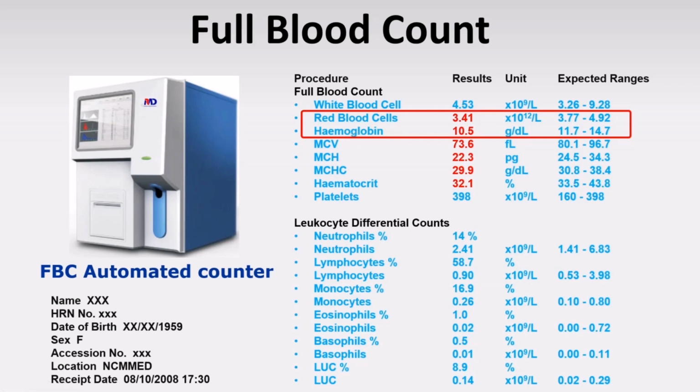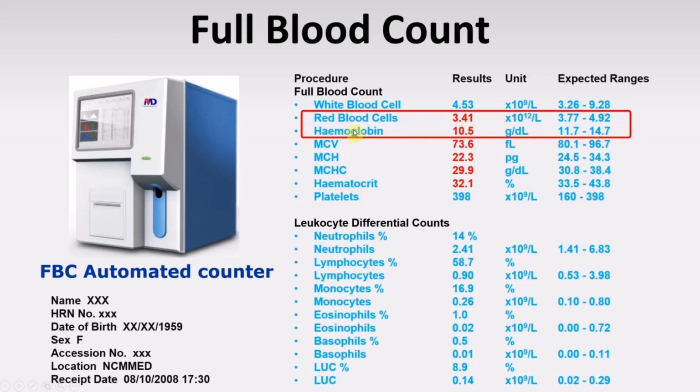In fact, your hemoglobin concentration is the most important parameter when we assess if somebody is anemic or not, because we know that hemoglobin is the main component of your red blood cells that ties down oxygen and delivers oxygen to the tissues in need of oxygen supply. The red blood cell count may or may not be low depending on the type of anemia that we are seeing, but hemoglobin concentration is the number one number that we will look at.